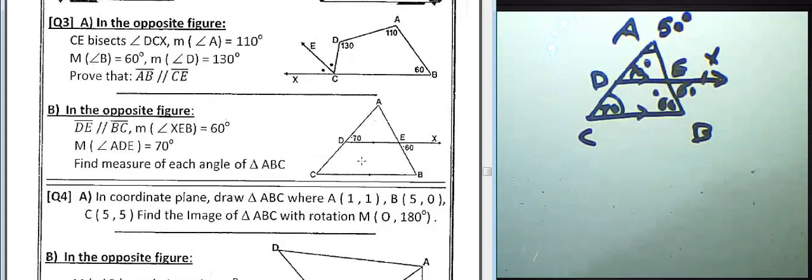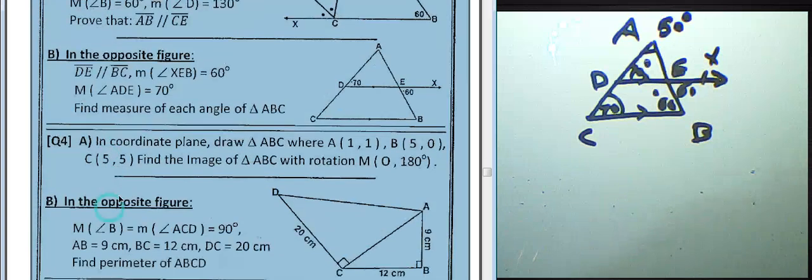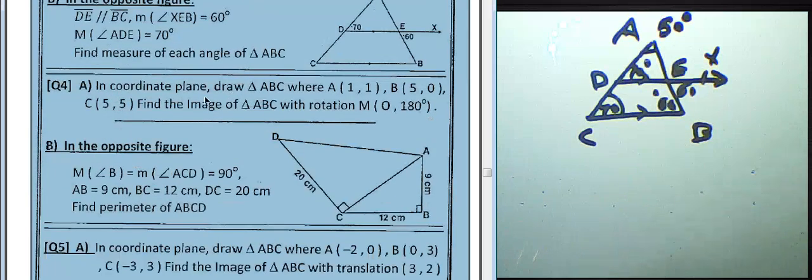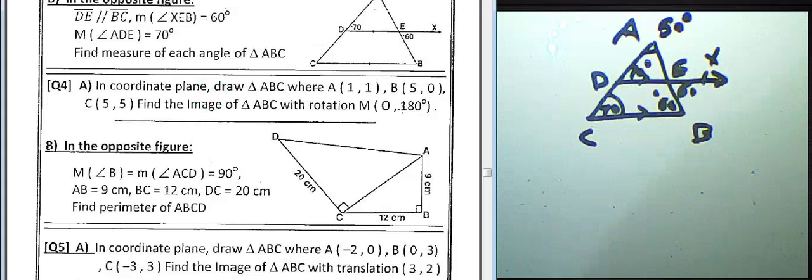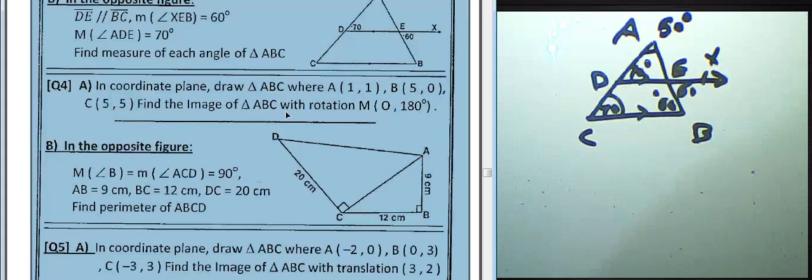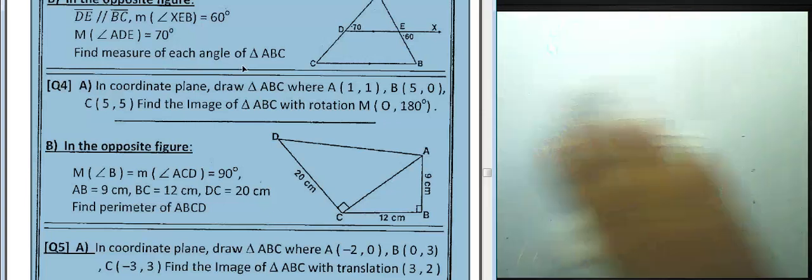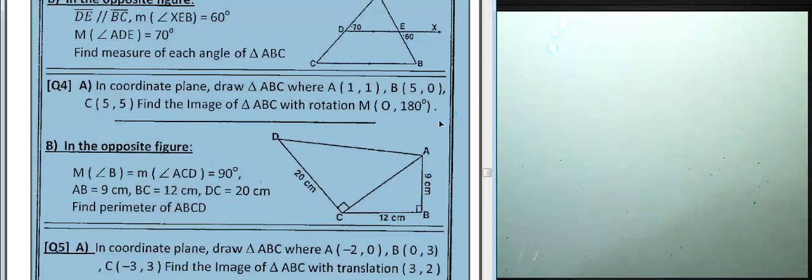Okay. Question number 4. In the coordinate plane, draw triangle ABC. Find the image of the triangle by rotation about the origin by 180 degrees.